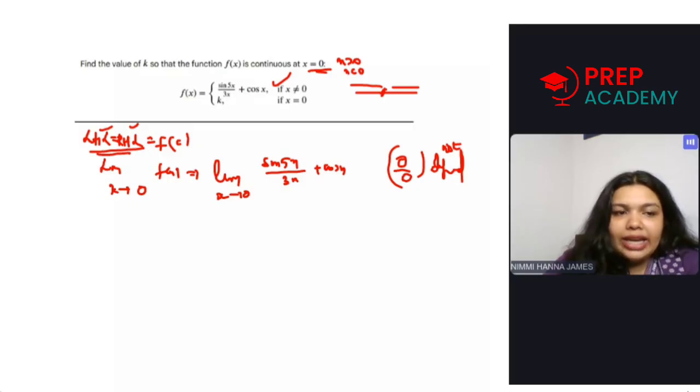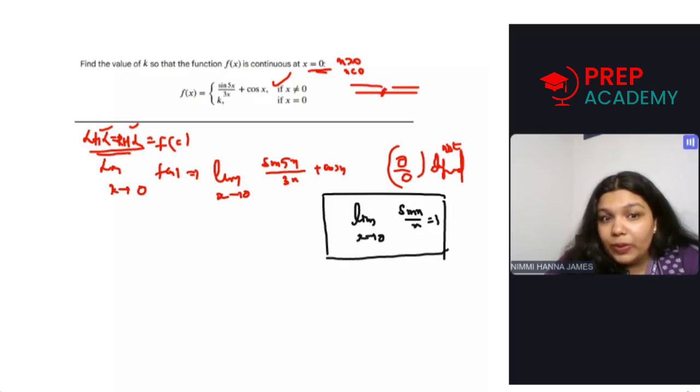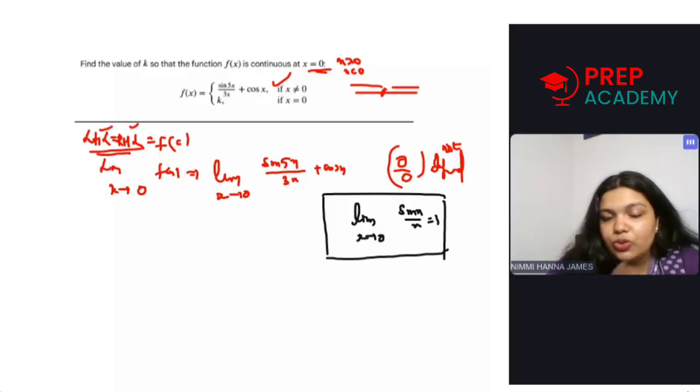Okay, so I know that there is this property that I've learned in class 11, that limit x tending to 0 of sin x by x is equal to 1. So I'm just going to use that property here. So here it is sin 5x, so I want to make the denominator also 5x. It is 3x, so I want to make it also 5x. So if I want 5 here, I can just multiply by 5 in the denominator.